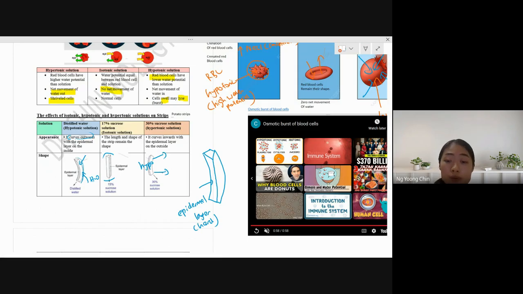When the potato strip loses water, the flesh reduces in length, so they will appear something like this. See, they are curving inwards. This is the flesh of the potato, and this is the epidermal layer.